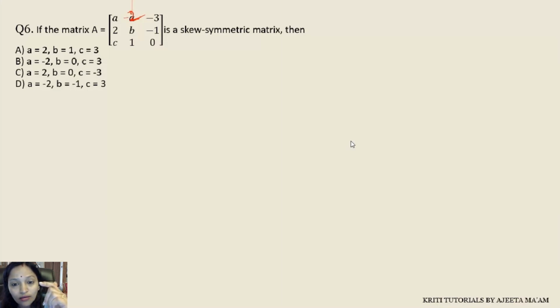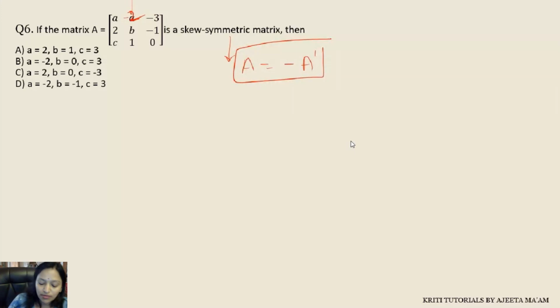Now A, B, 0. First tell me, what is the condition for skew symmetric? If you have seen the formula list, A is equal to minus A transpose. So this means we have one more condition: all diagonal elements are going to be 0. Correct. So what are the values of A and B for us? Being a skew symmetric matrix, what will the value be?